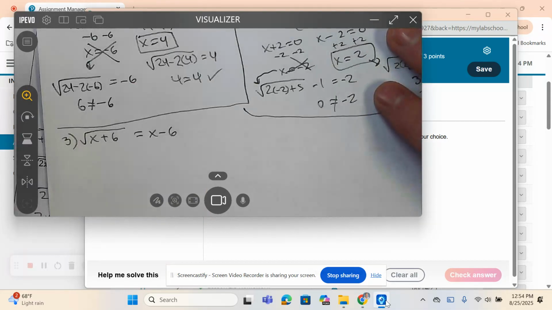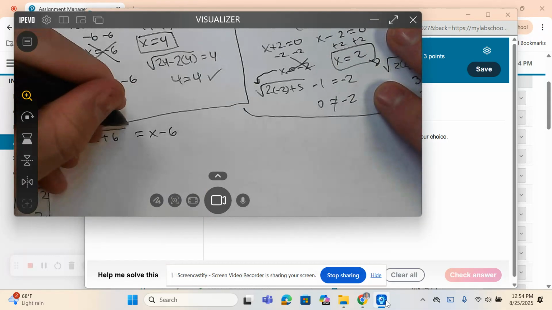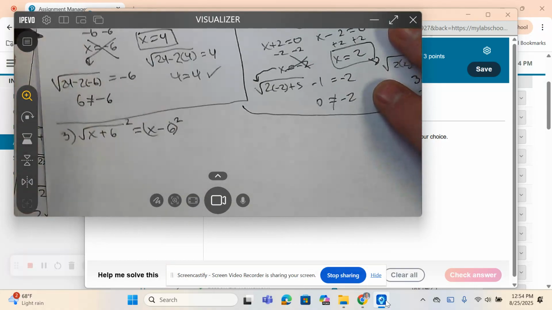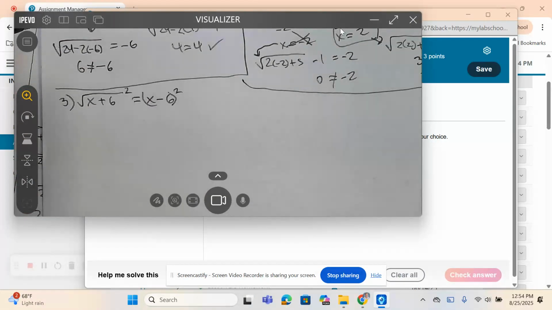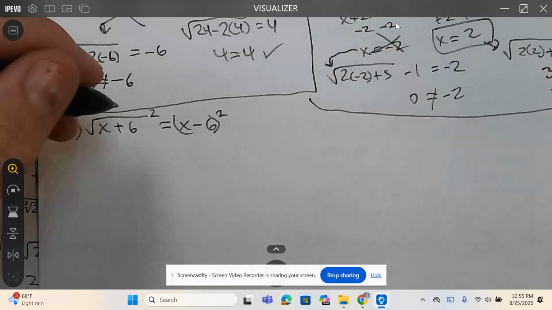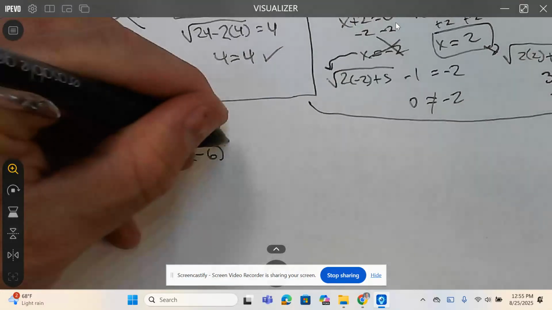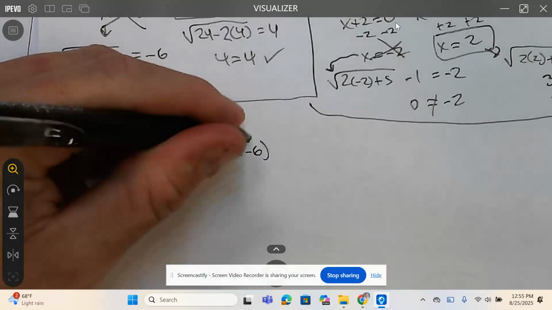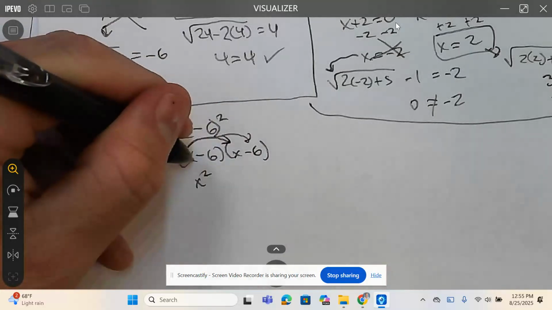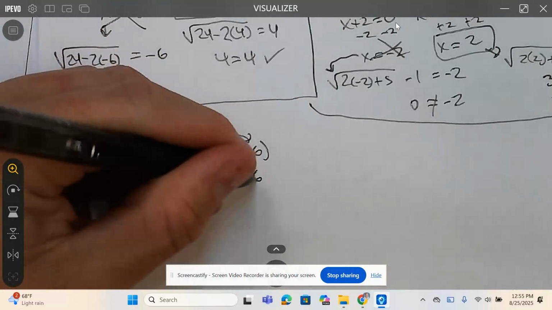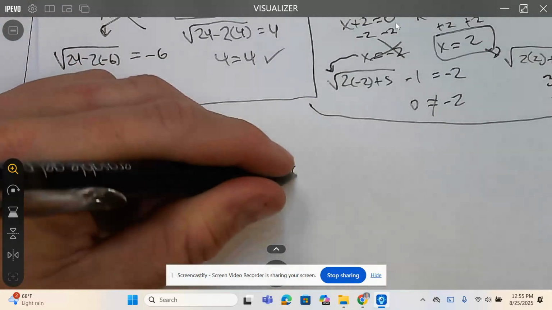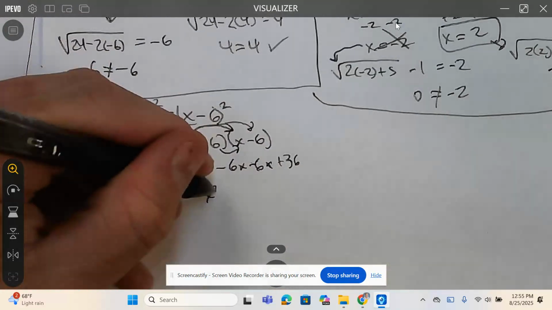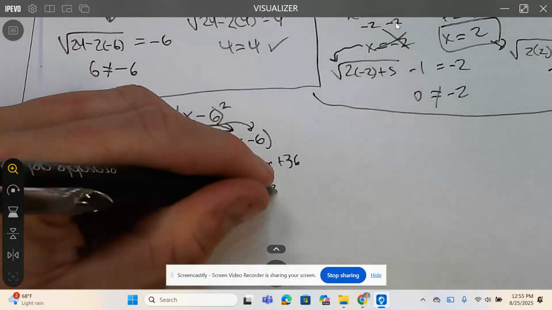Okay. Now the square root's already isolated on 3, so I'm going to square both sides, square the whole quantity. So square both sides. That's x minus 6 times x minus 6. So minus 6x plus 36. All right.